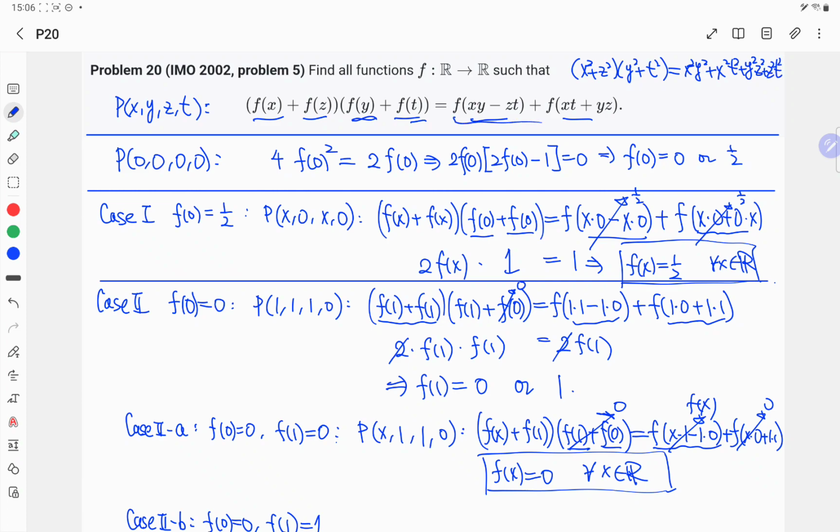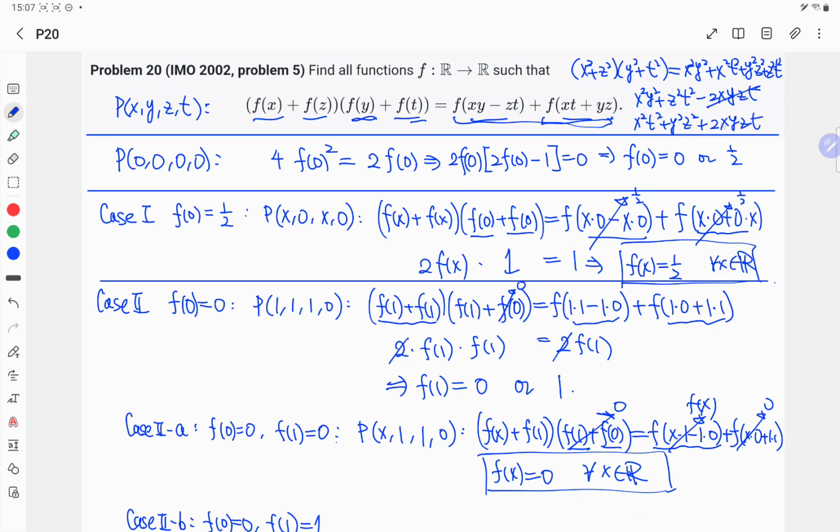And then for this one, okay, xy minus zt squared will be x squared y squared, and then plus z squared t squared, and then with the cross term minus 2xyzt. And then for the square of this one, we have x squared t squared, and then plus y squared z squared, and then plus 2xyzt.